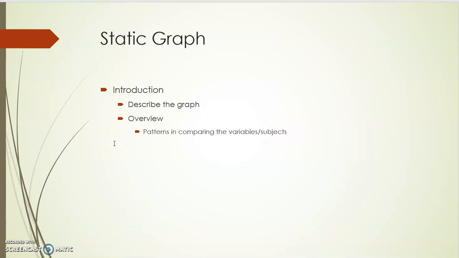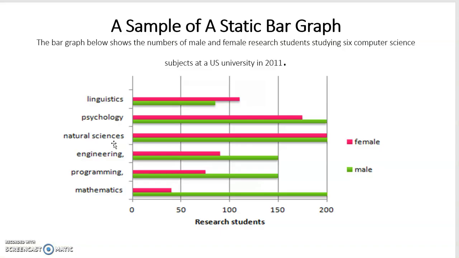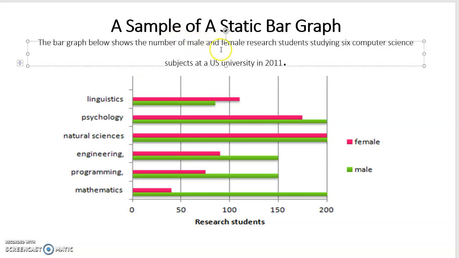Now, let's look at an example of an analysis focusing on the introduction. So we have a sample of a static bar graph here. It's about the number of male and female research students studying 6 computer science subjects at a United States University in the year 2011.